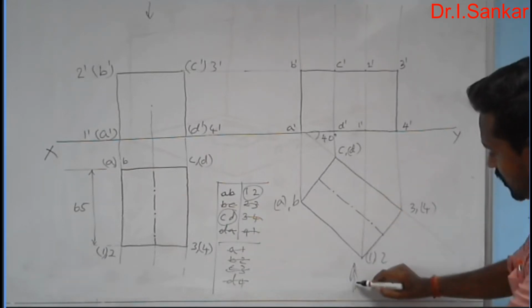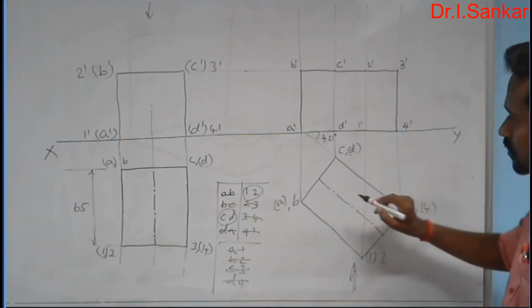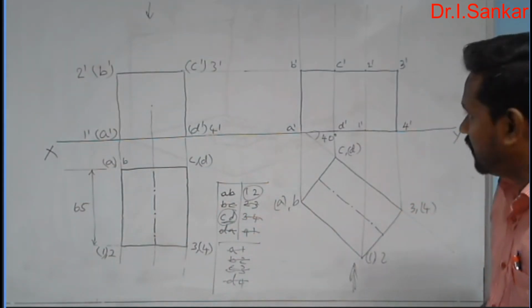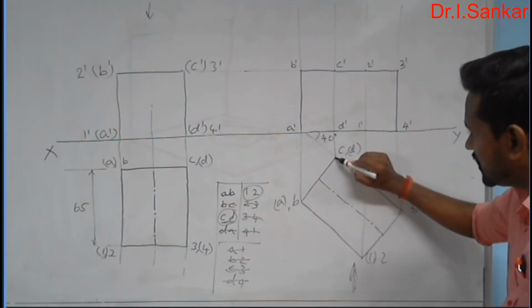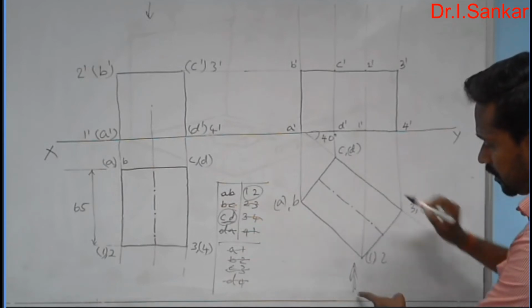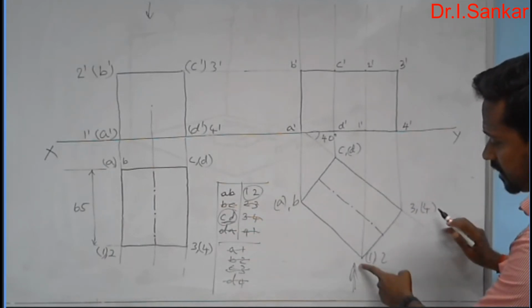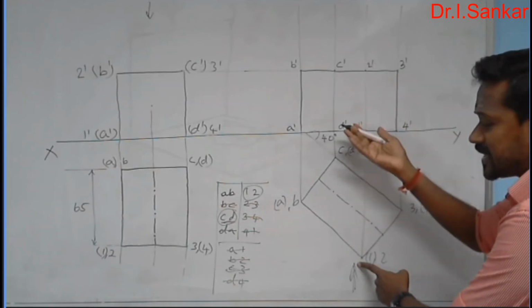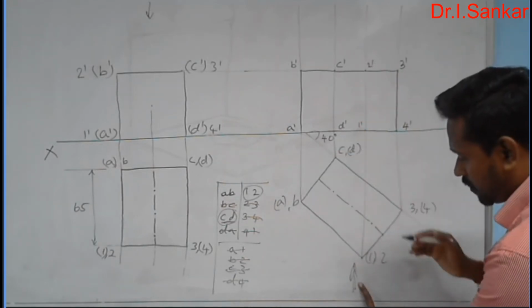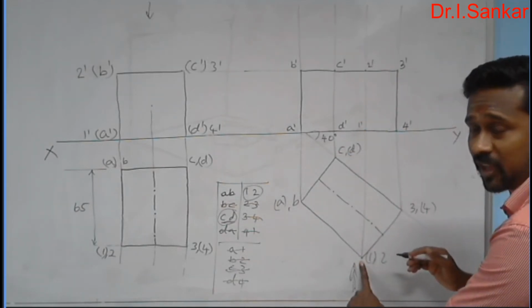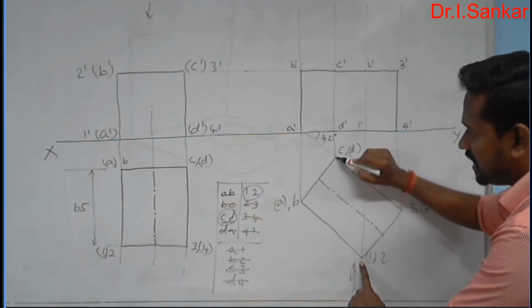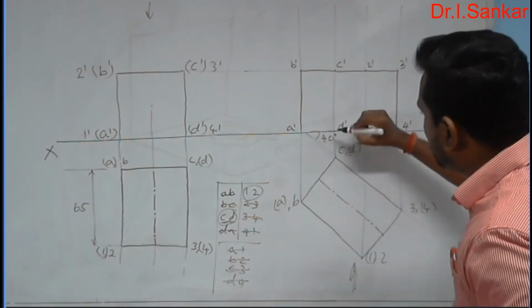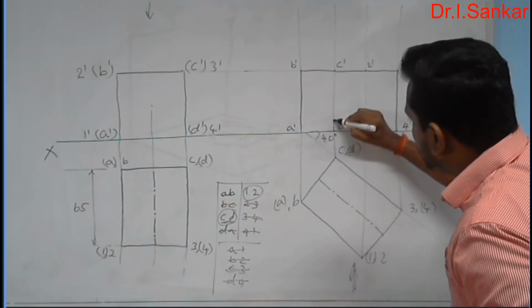If you look at the solid in this way, just decide whether the edge CD is visible to you or not. Where is CD actually? Here the CD is there. You are looking at the solid from this end. So automatically the edge CD is on the back side of the solid. When you are standing in the front side of the solid, the edge CD is on the back side of the solid. So it is not visible. So you can decide that it is invisible.